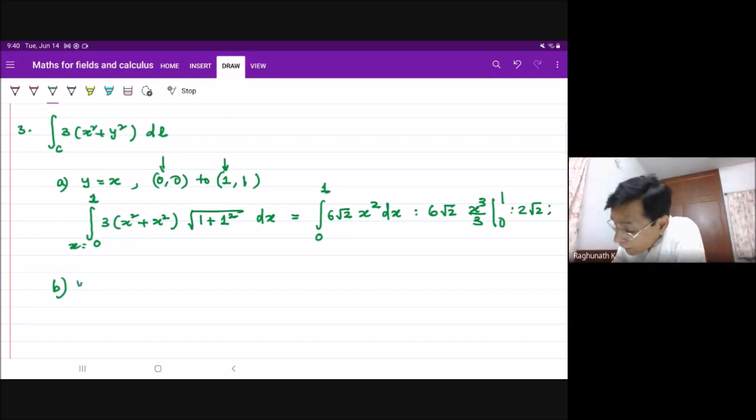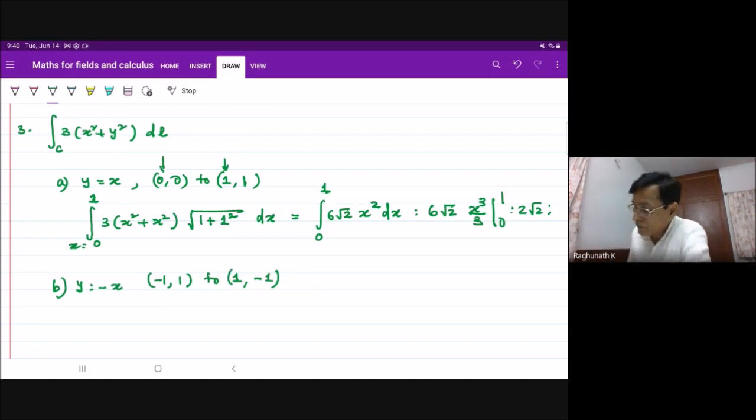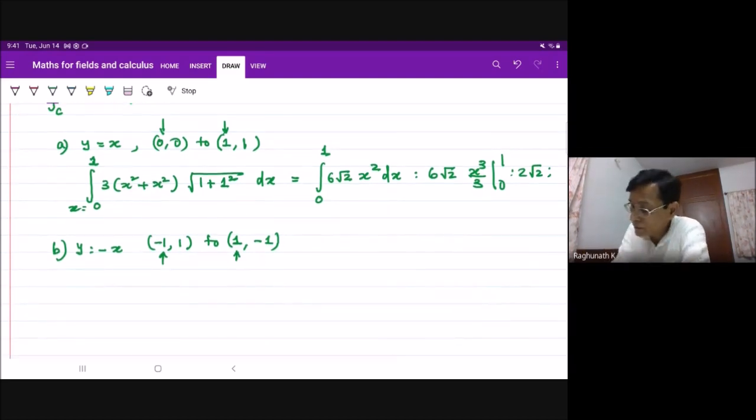Next, B. Y is equal to minus x from minus 1, 1 to 1, minus 1. X from minus 1 to plus 1. Y is equal to minus x. What is the integral now?